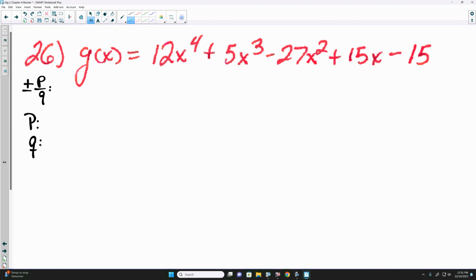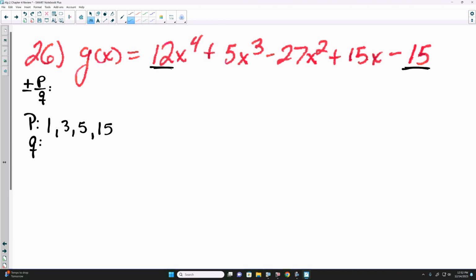So p is the factors of the constant term. Our constant term for this is 15, the one without a variable. So the factors of 15 are 1 and 15, and 3 and 5. Q is the factors of the leading coefficient.